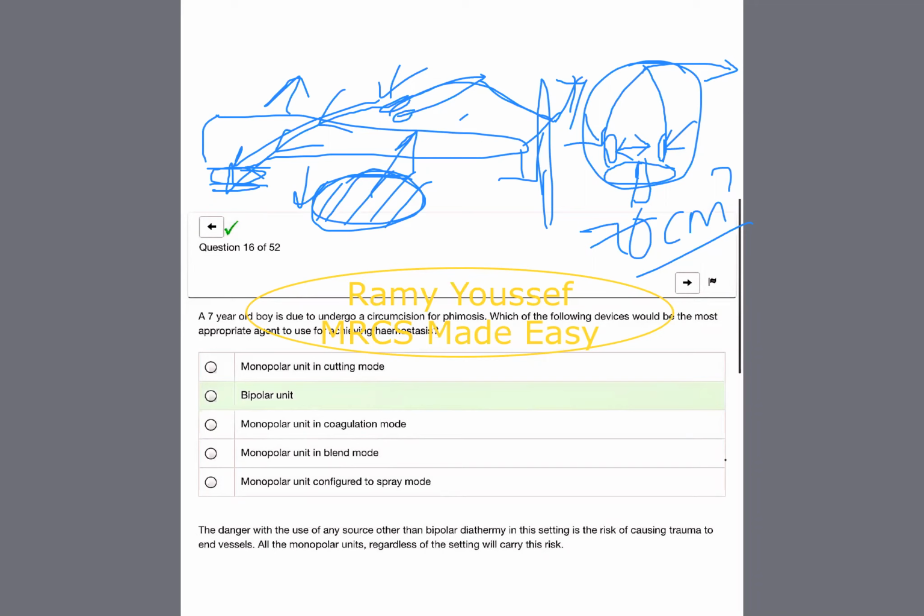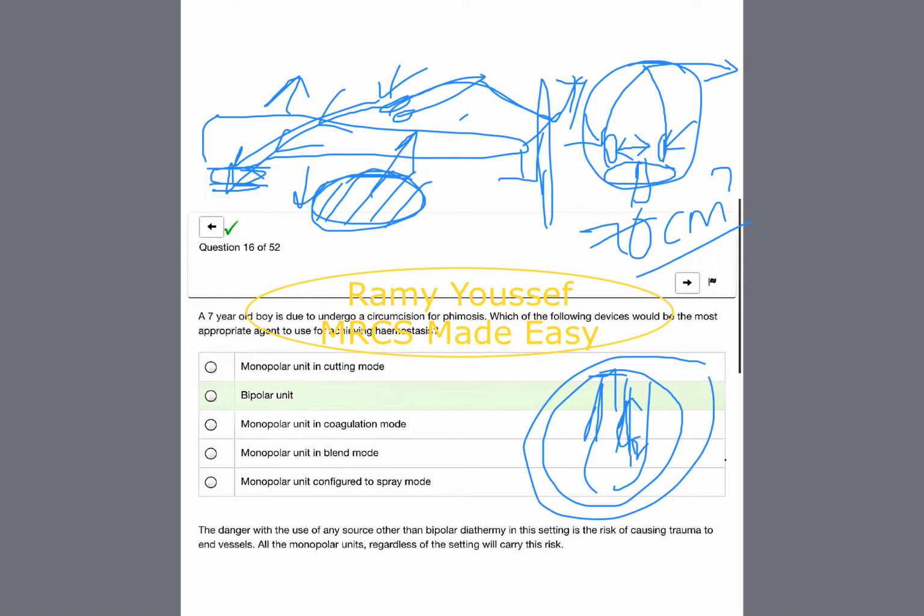The penis just has end arteries. If current passes through this artery and makes coagulation of this artery, and we saw it many times, you will have gangrene of the penis. And the only solution for this problem is that you amputate the penis.